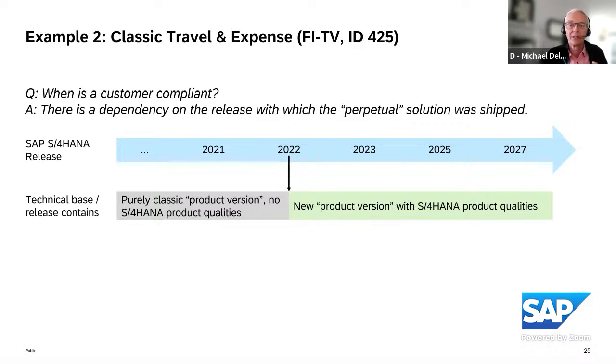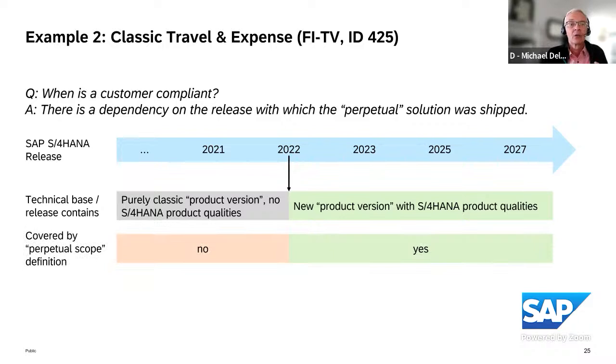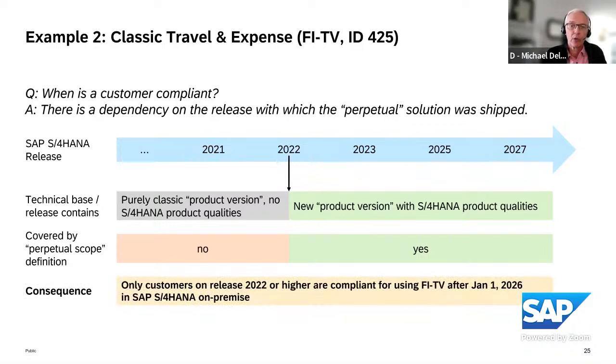Only as of release 2022, we have the S4 adapted version of FITV, which has the S4 product qualities, and therefore customers are 2026 proof only with the release 2022 or later.